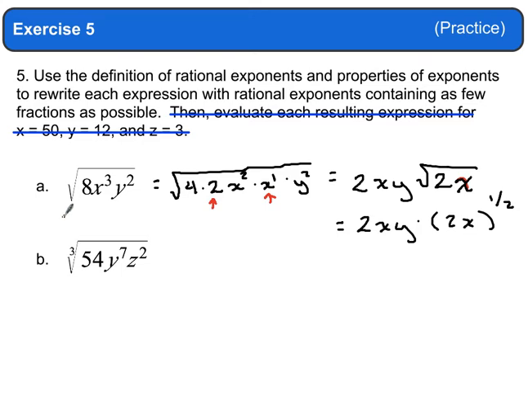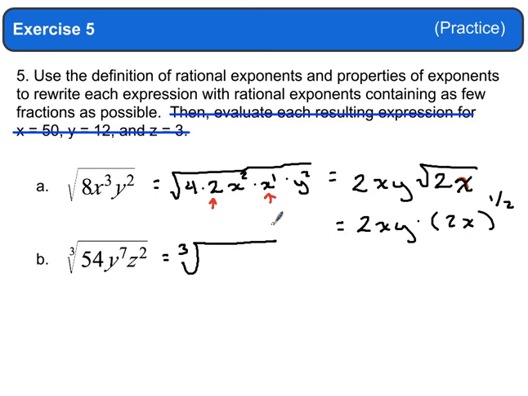So here, the 54, let's see. We need to think of something that's a 54, maybe a 9 and a 6. So remember, this is a cube root. So we're trying to think of something that multiplies to give us a 54.